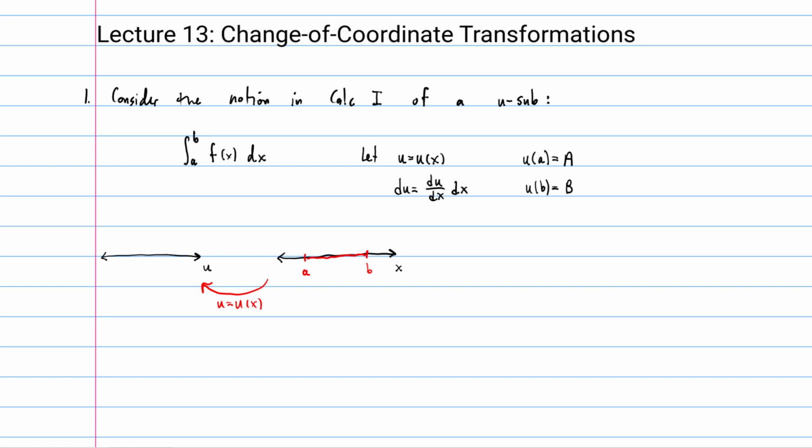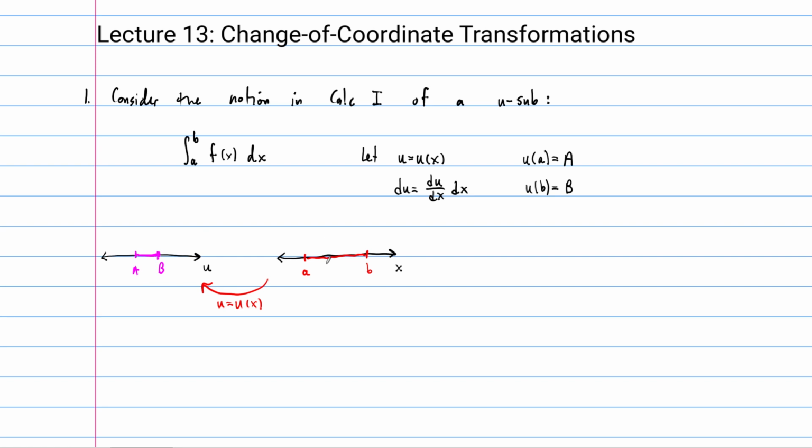And so over here, the interval might be extended, but it also might be compressed one way or the other. It could be exactly the same, but it's probably not. And so now we're computing our integral on the smaller interval. And so we have to compute how the length element changes as we move between these two.